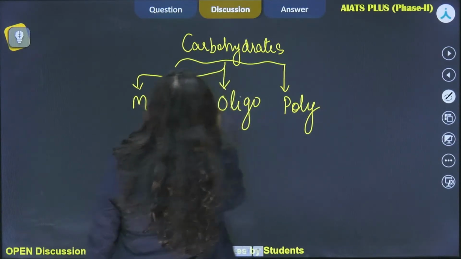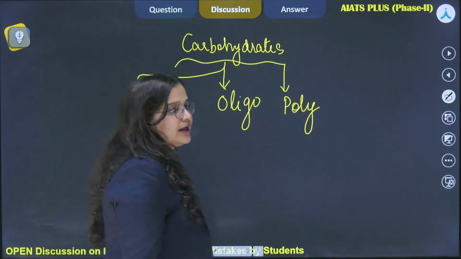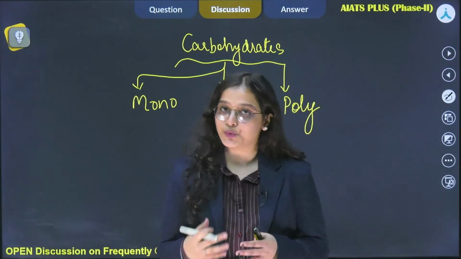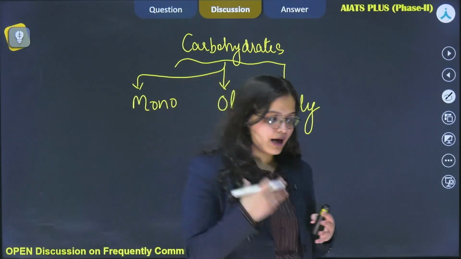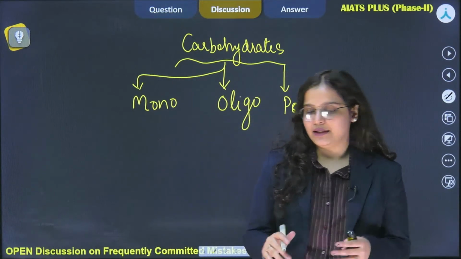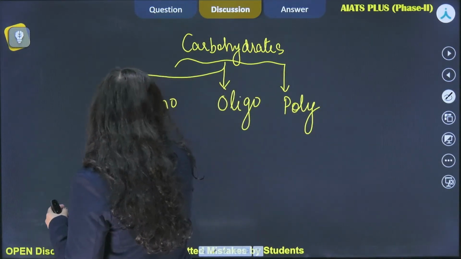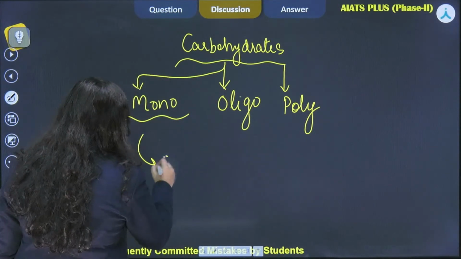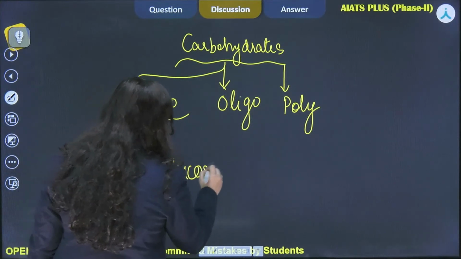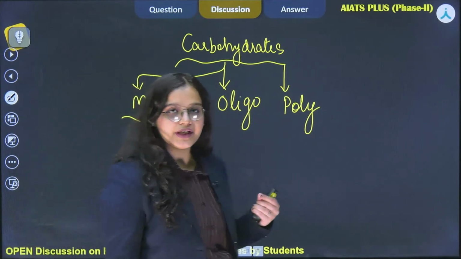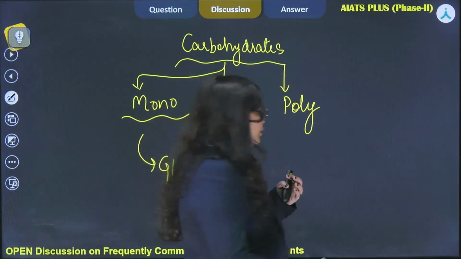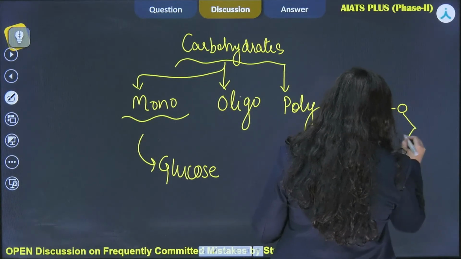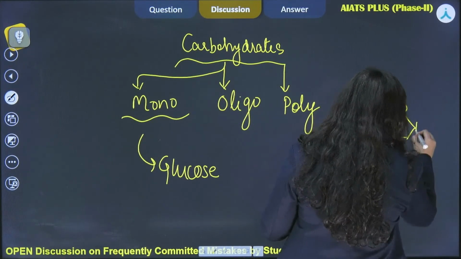All right. So basically we need to focus on whether there is a presence of any free functional group or not. So where does that come into picture? Monosaccharides, for instance glucose. If I draw the structure of glucose, we will see that we have a free group which can participate in further reactions.